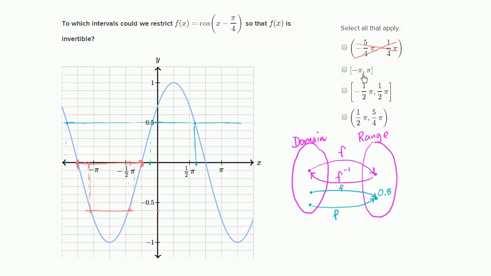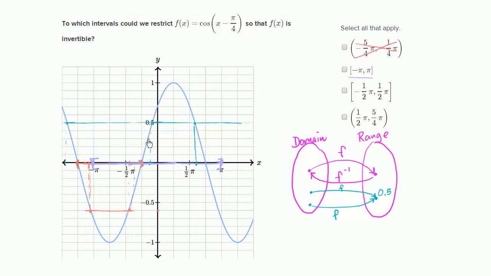So let's see, negative pi to pi. This is a closed interval, so we're including the two boundaries, negative pi and pi, in the domain.